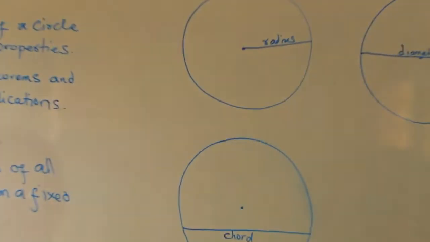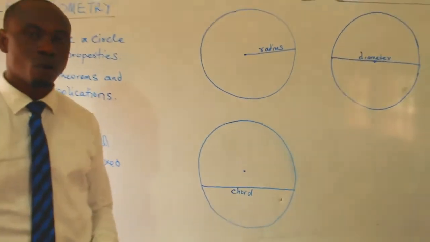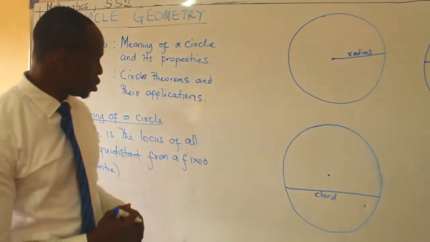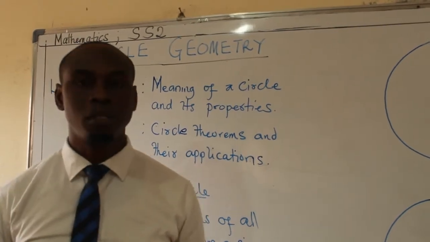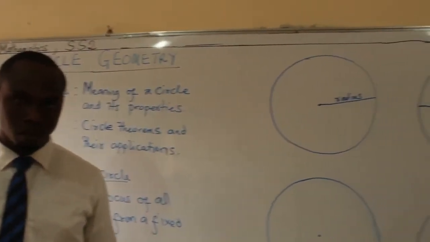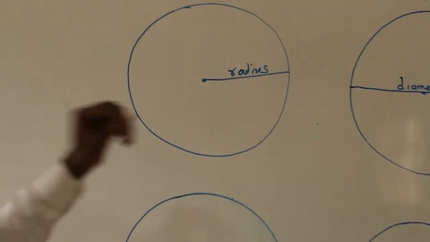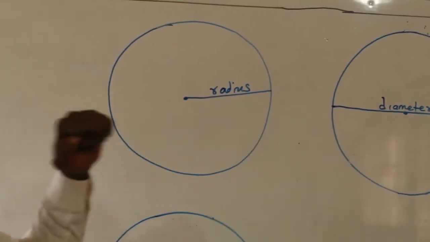These are certain properties we have to know of a circle before we can successfully learn circle geometry. We've been able to establish 3 properties of a circle. We said that the radius is a line drawn from the center of the circle to any point in the circumference.